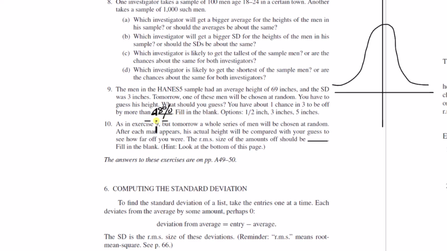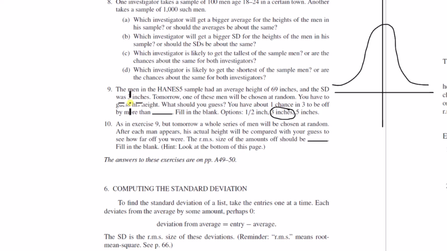Wait, no, it wouldn't be 68%. So 68% of the data points are within one standard deviation. One standard deviation is 3 inches, because we're selecting from the same population that the study was done on. Those lists of numbers they used to calculate the average of 69 inches and 3 inches, we're selecting a man from that list.